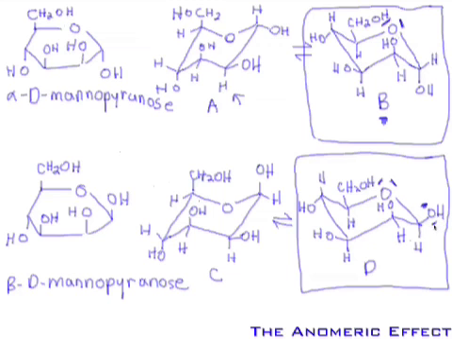It doesn't occur in the glucopyranose case. But in the mannopyranose case, the lone pairs of the oxygen on the ring here and the OH oxygen lone pairs here produce electron repulsion.